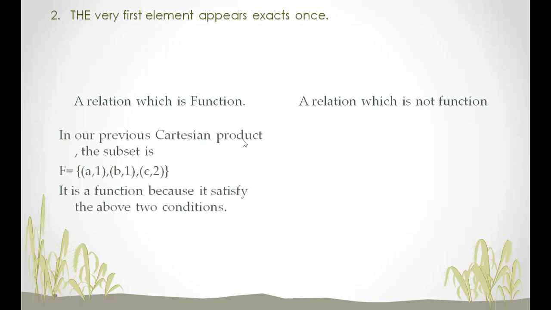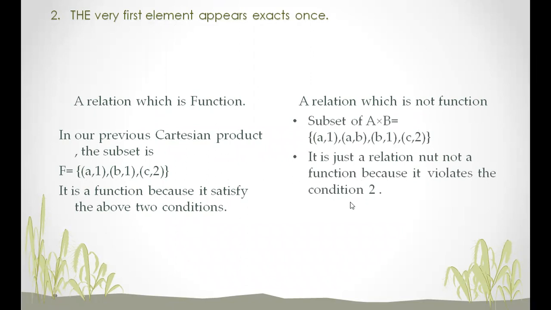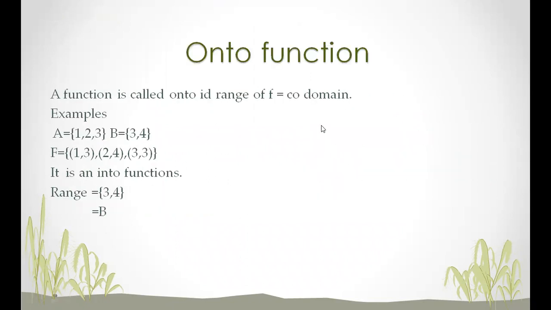So our previous Cartesian product is a function because it satisfies the above conditions, and this other subset violates condition 2. What is condition 2 of a function? It is that we do not repeat the first element, and here we repeat A and B, so it is not a function.